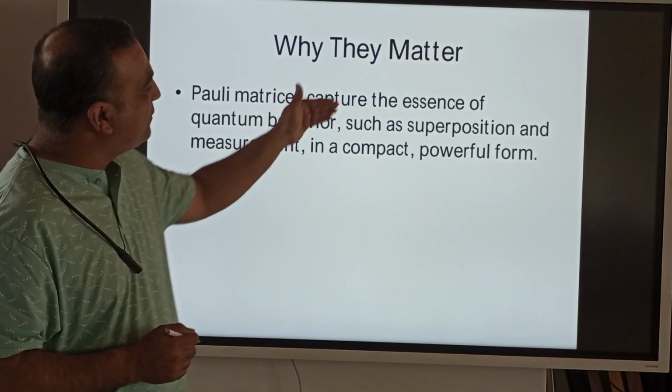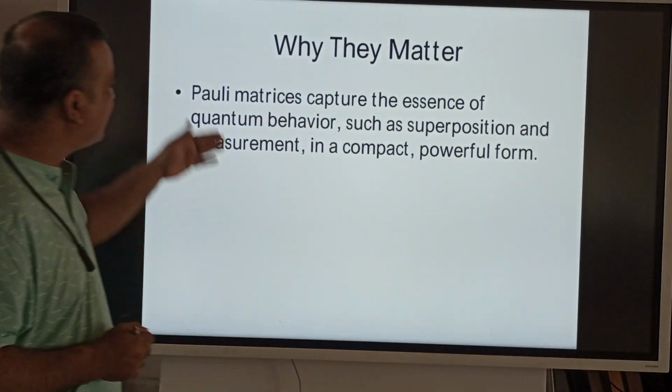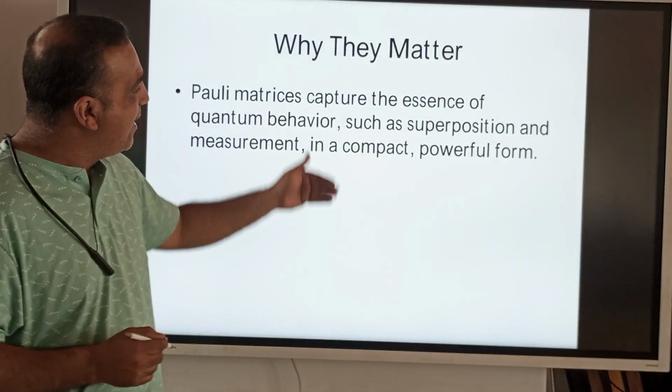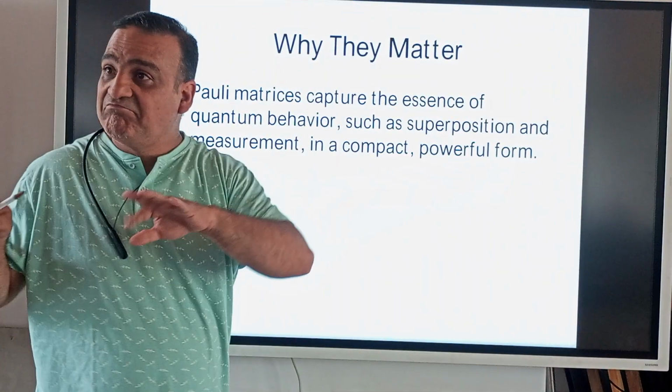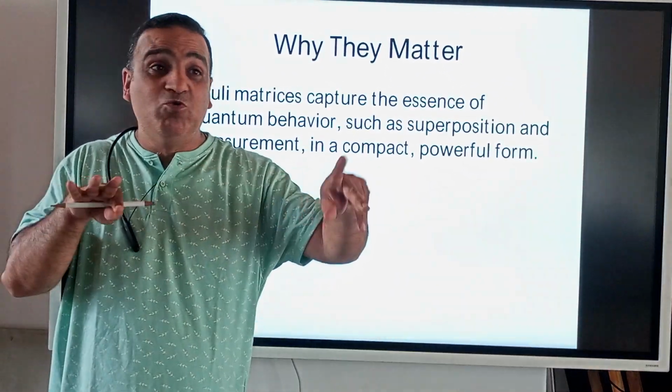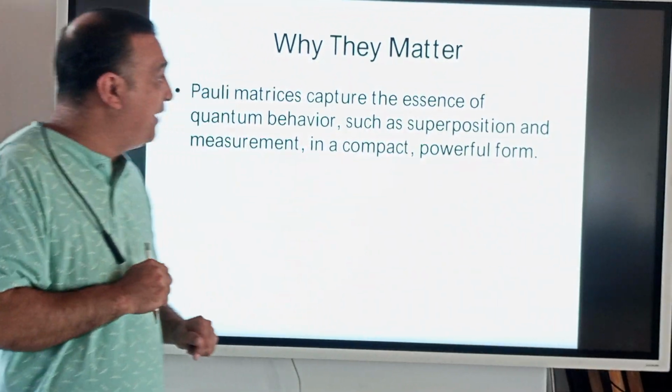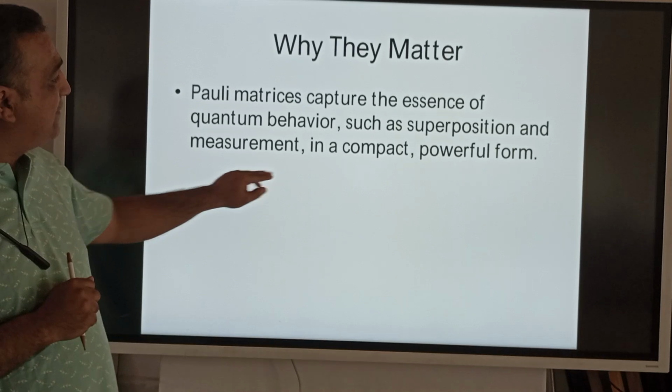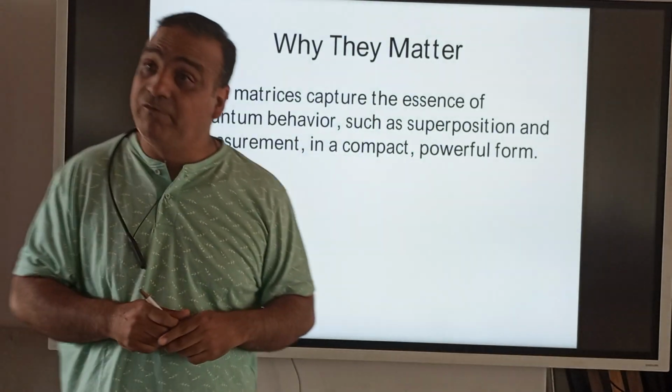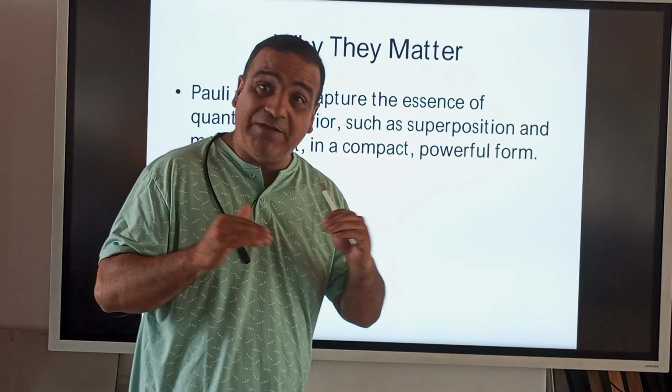So Pauli's matrices capture the essence of quantum behavior, such as superposition. This is the main tool of quantum computing and measurements in a compact and powerful form. Now see, this is very powerful.